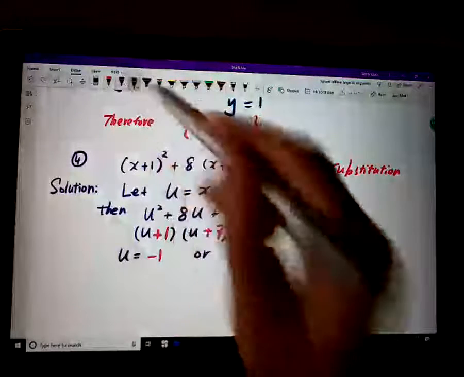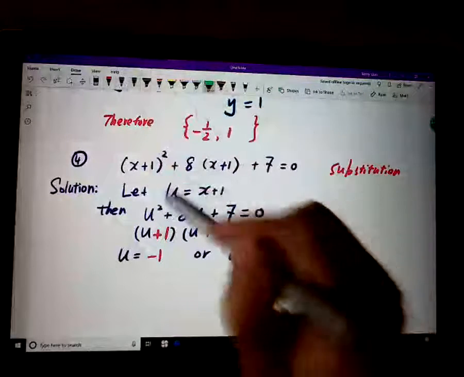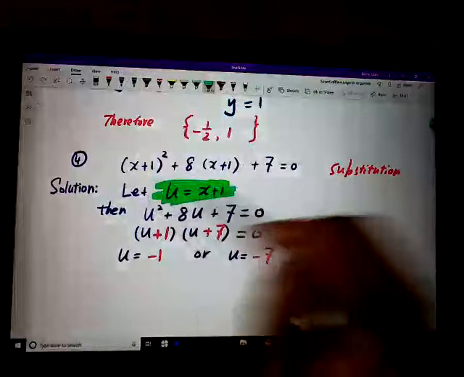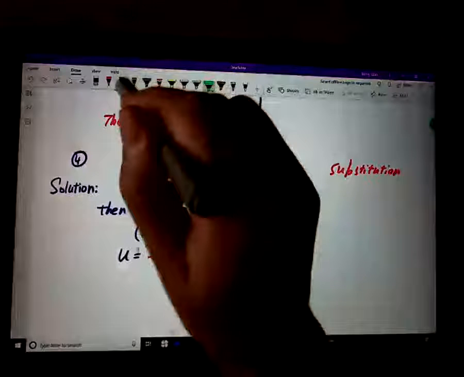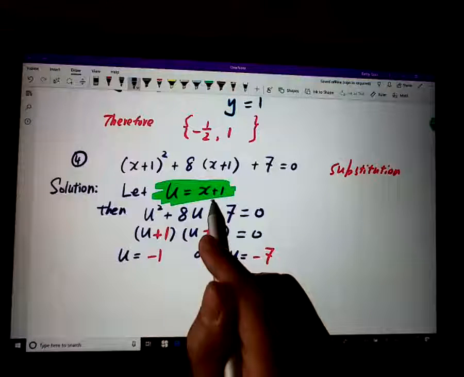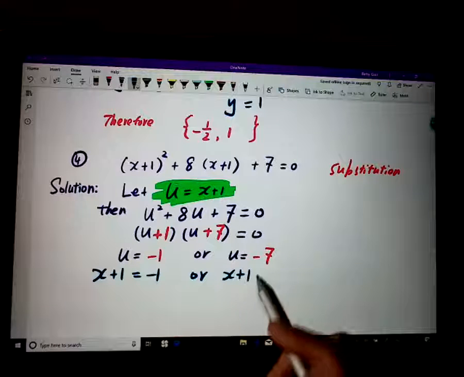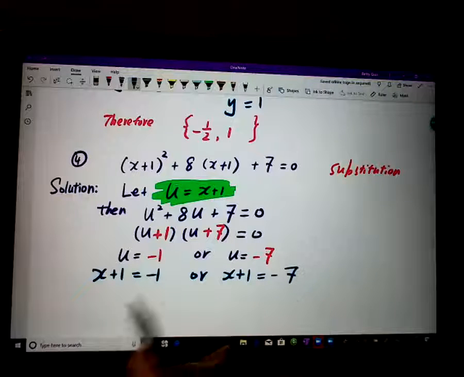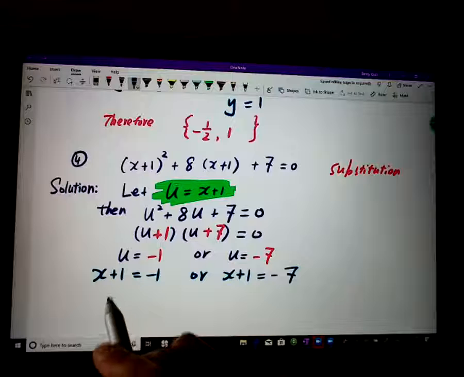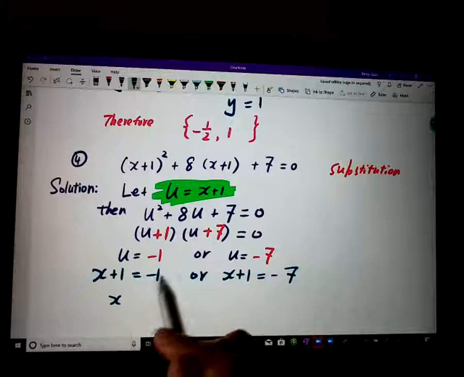Now we go back. We have the same substitution, right? So we're going to go back to x. u equals -1, so x plus 1 equals -1, or x plus 1 equals -7. And solve this linear equation. Move 1 over.